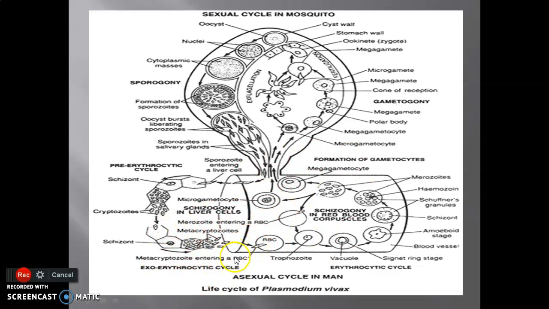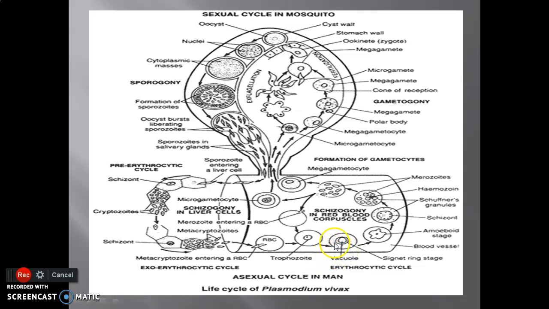See here, here is a metacryptozoite which enters the red blood corpuscle, and after entry into the RBC, it forms a quite oval to rounded structure, and this formed in the red blood corpuscle is called a trophozoite. Now this trophozoite undergoes several changes.